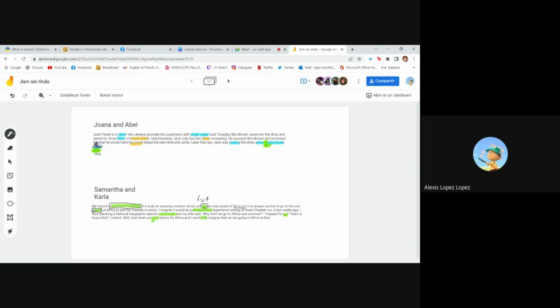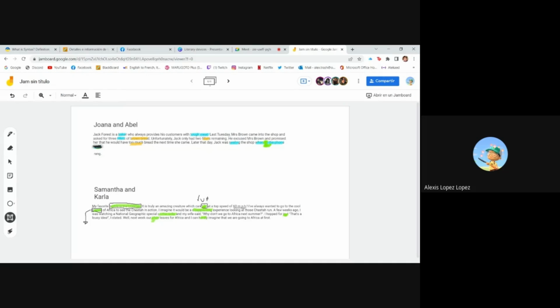So, okay, you are going to replace this word with grassland of Africa. That's a good correction. Okay, of Africa to see the cheetah in action.